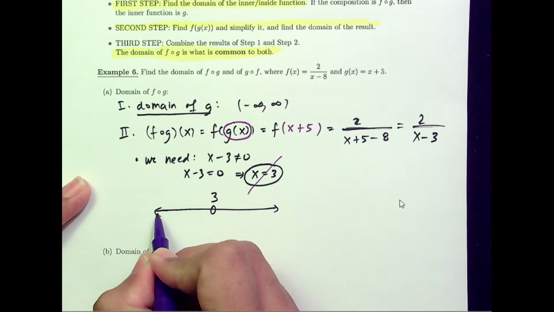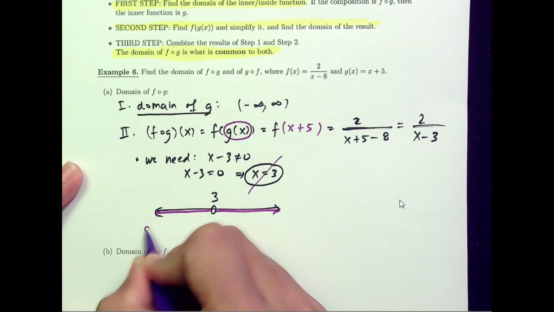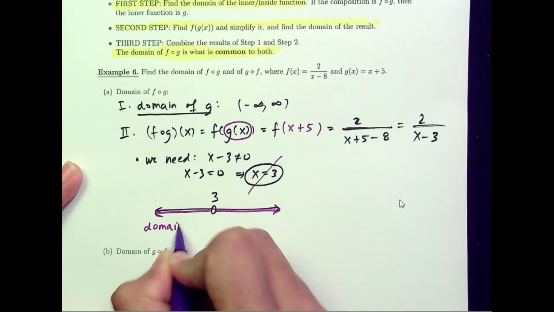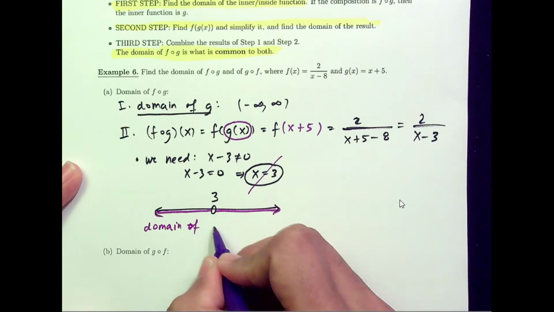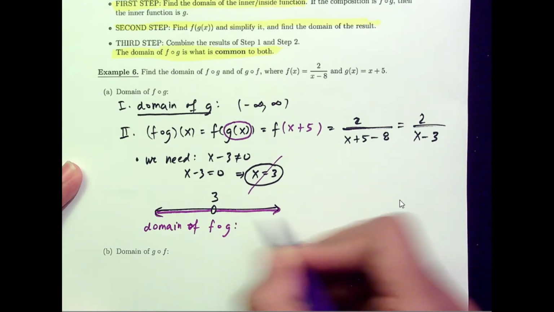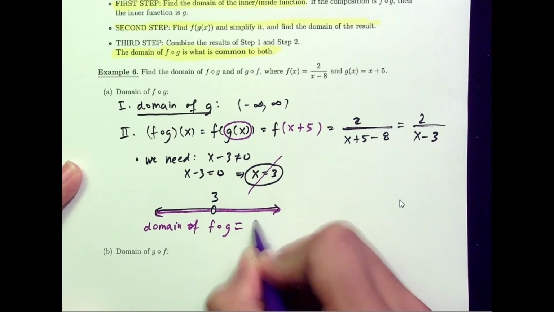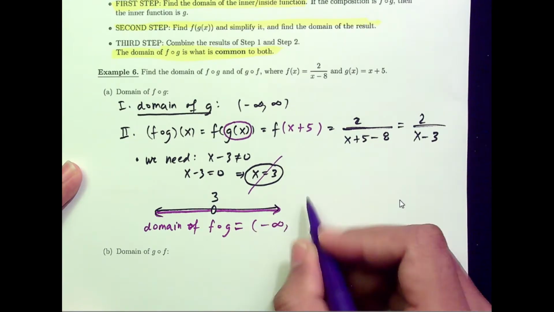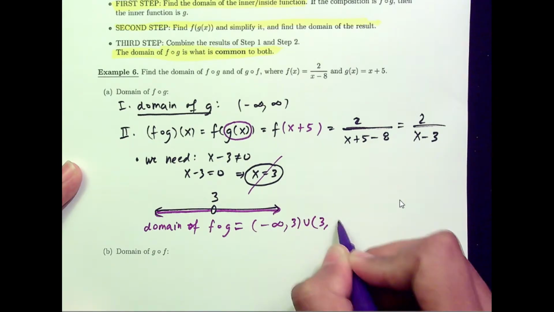So we want that, and we want this. So the domain of f composed with g is going to be from minus infinity to 3 union from 3 to infinity.